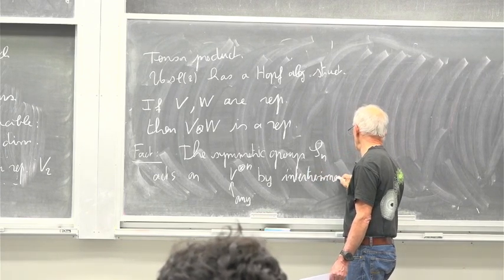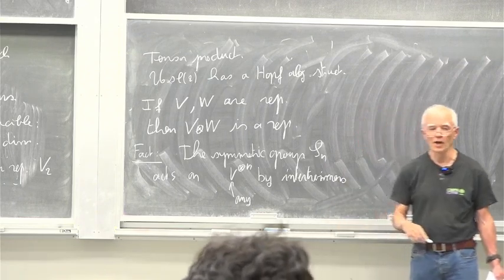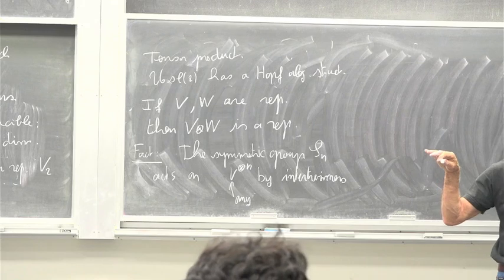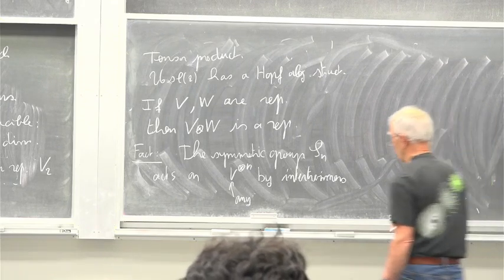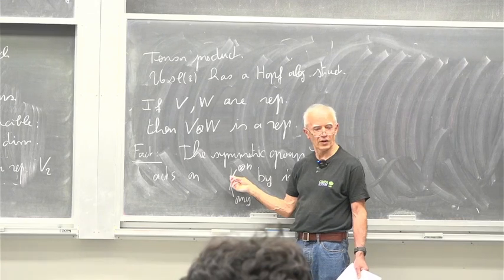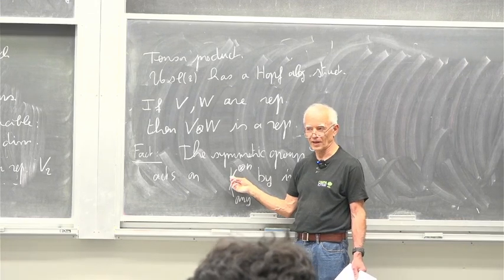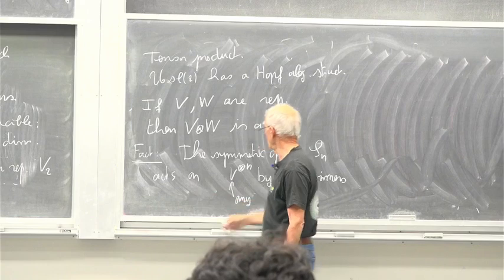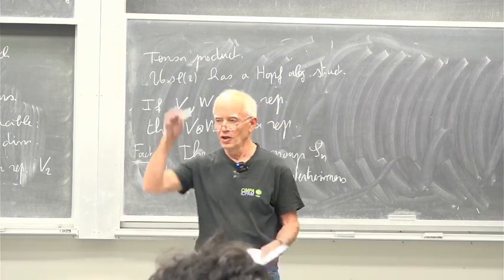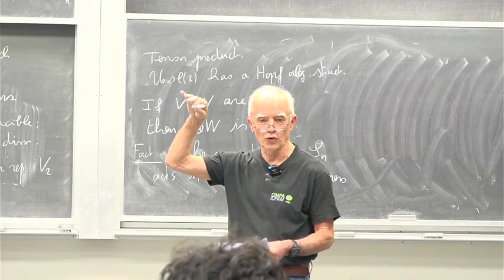So intertwiners are the morphisms in the category of representations. This means that first, U acts on this tensor product, and we have an action by permutation of factors which intertwines the action of U.